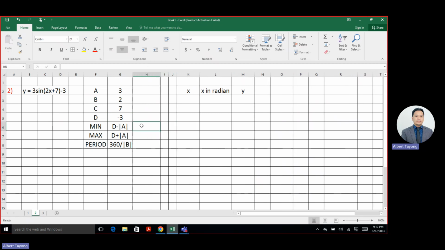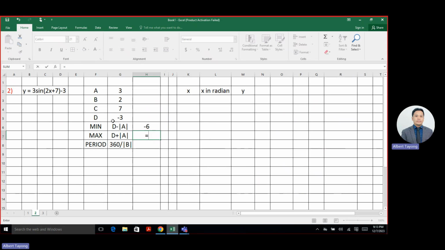The minimum equals D, that is -3. You can also highlight it, minus A. Our A is already positive, so just write -3 directly.